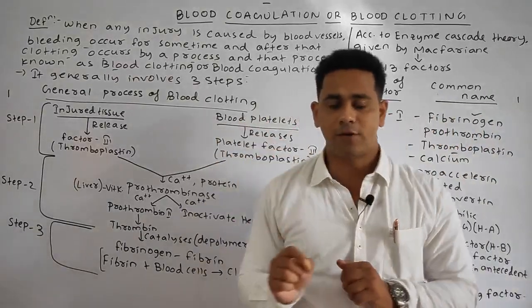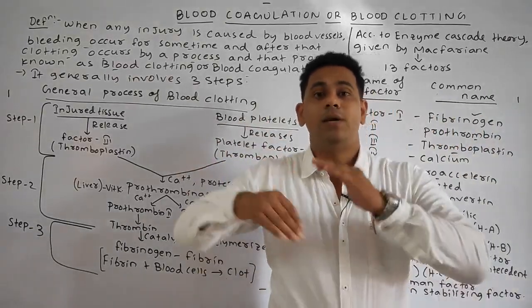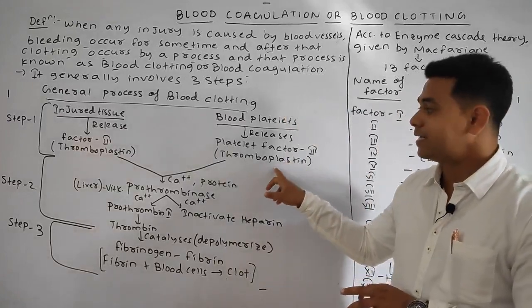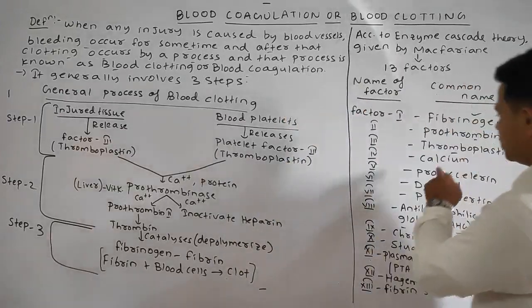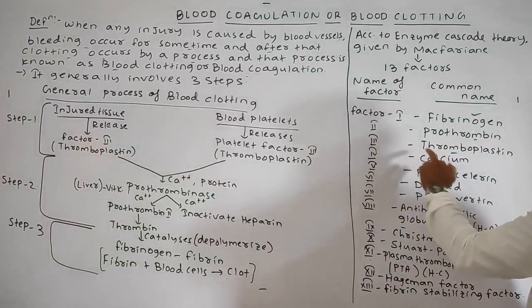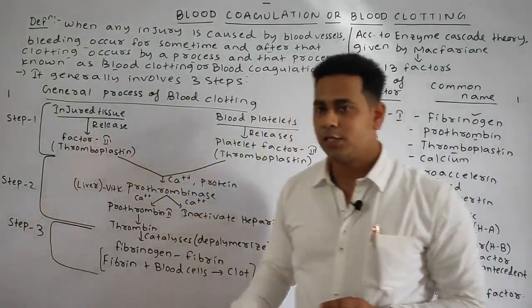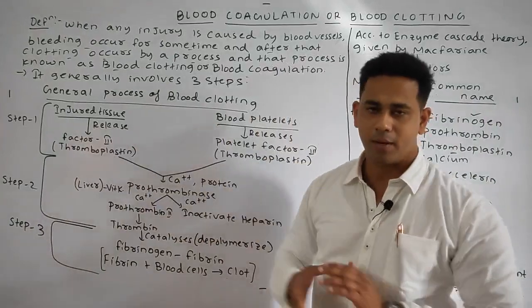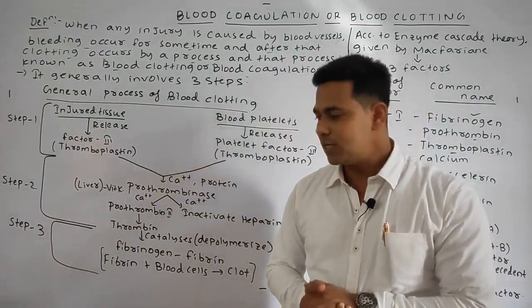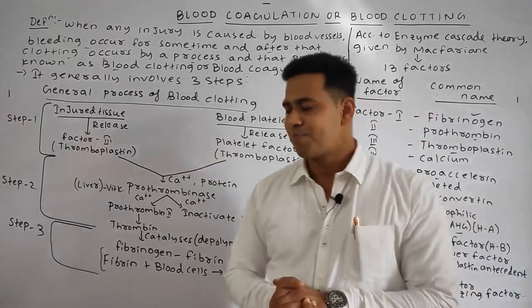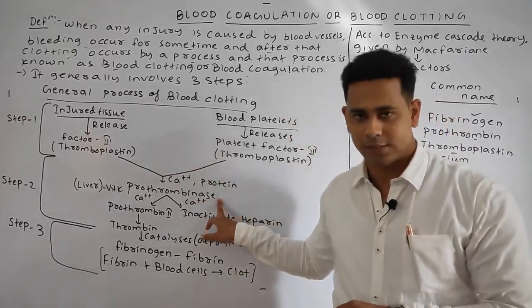Also, at the site of the injury, blood platelets will disintegrate and release platelet factor 3, which is thromboplastin. The thromboplastin released from the injured tissue and the blood platelets, in the presence of calcium and certain proteins, helps in the synthesis of prothrombinase.